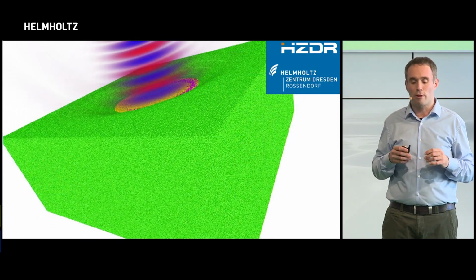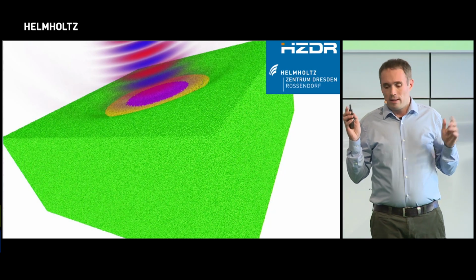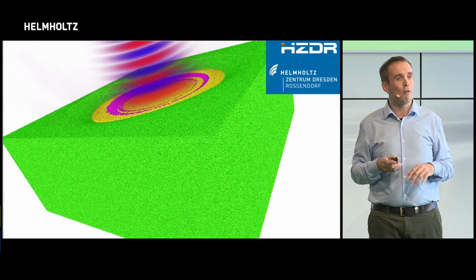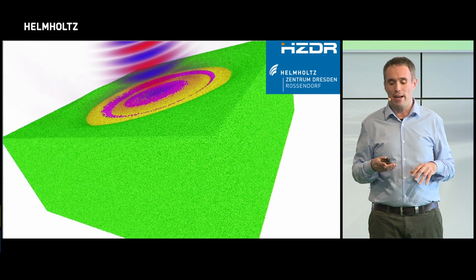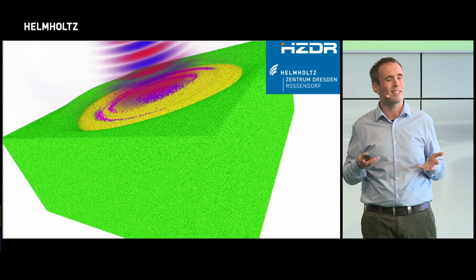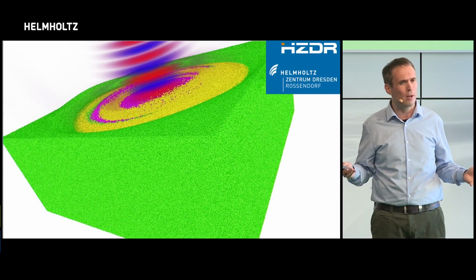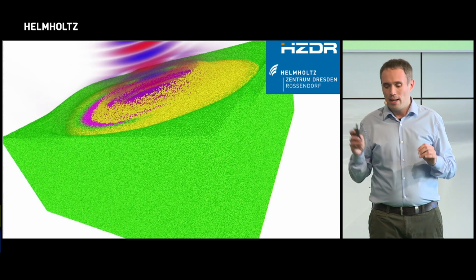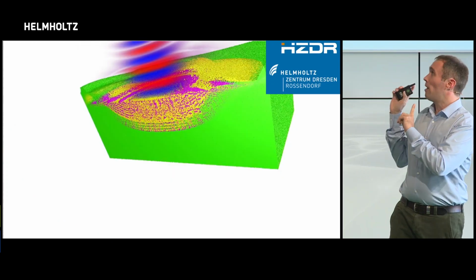So how does this work? In blue and red, you see the laser coming in, and below that, you see the foil in green. And what happens now is that the laser really pushes all the electrons inside the matter away from the nuclei and accelerates those electrons. And I want to make one special remark here.